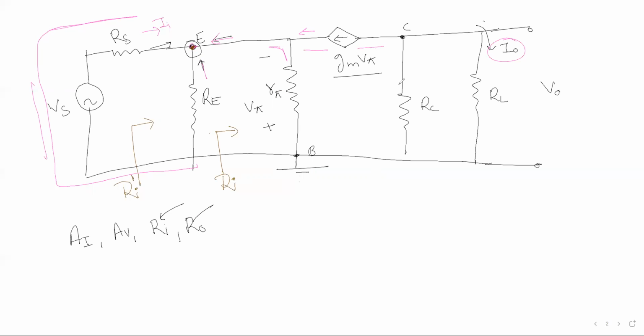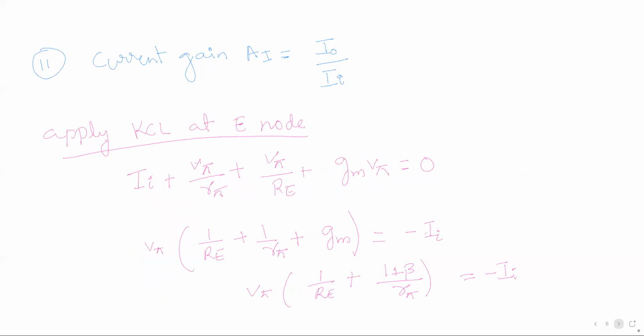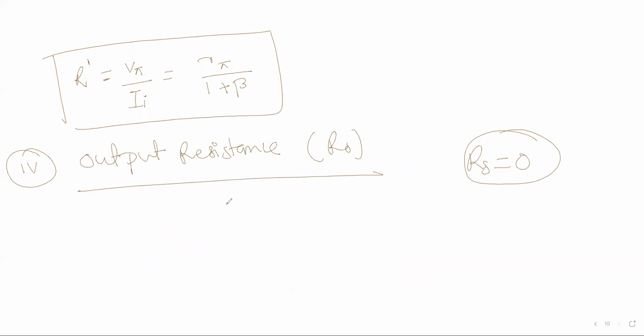So what should be the output resistance? Output resistance R naught is equal to Rc. That is your output resistance.